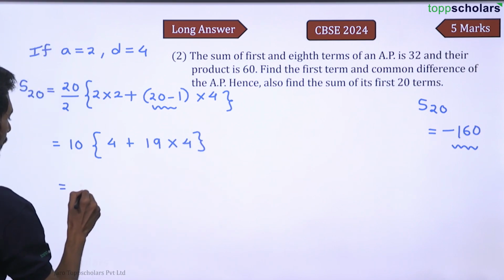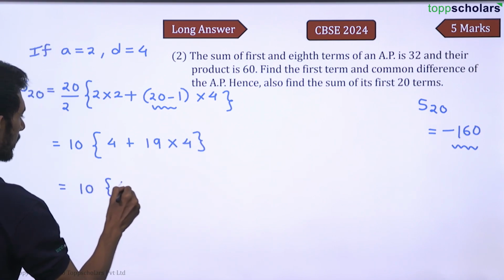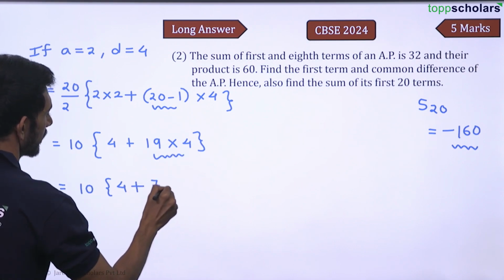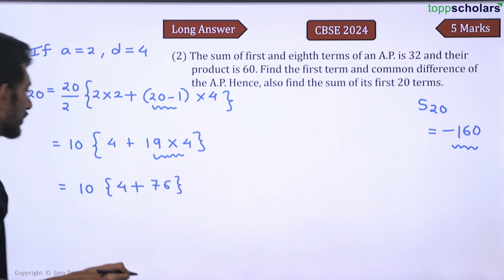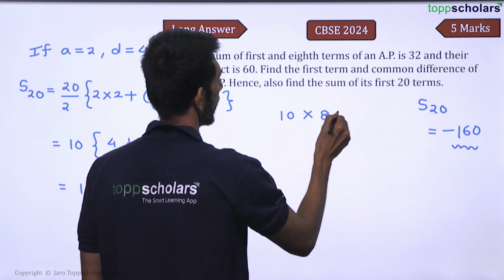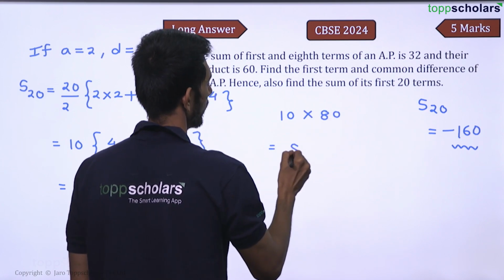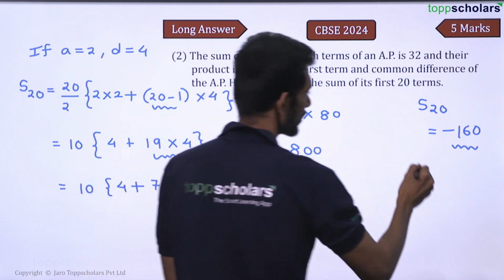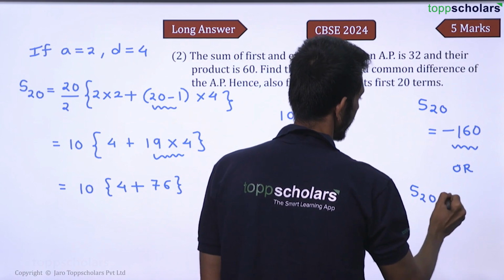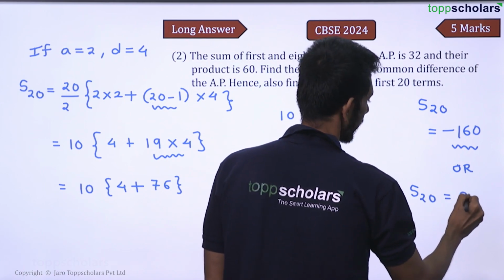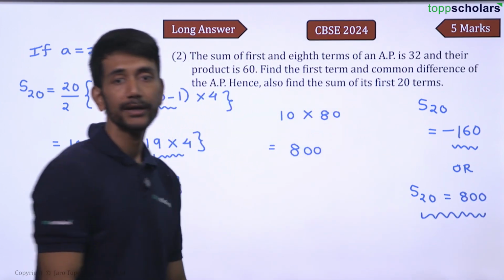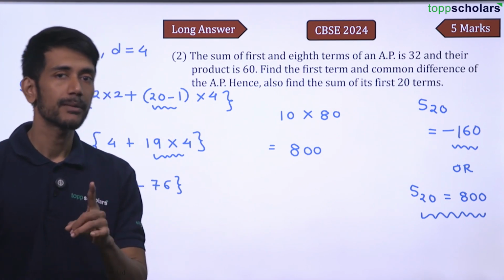So that gives you 10 into 4 plus 76. 76 plus 4 is 80. So that gives you 10 into 80, that is 800. So S20 is equal to 800. So both the answers are correct. I hope you are understanding this question. Both of them are the correct answers.